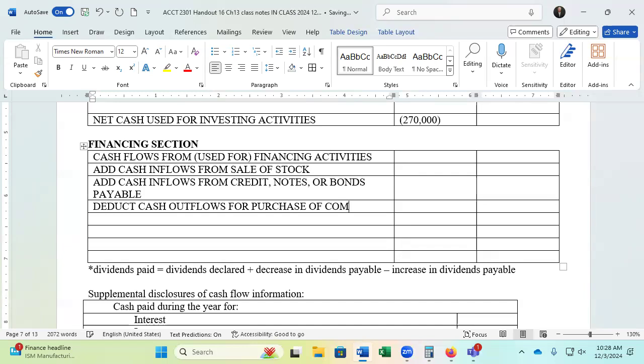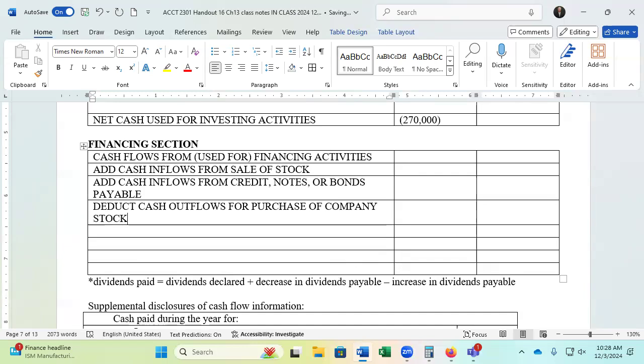Let's say company stock, just so that it's not confused with investments.